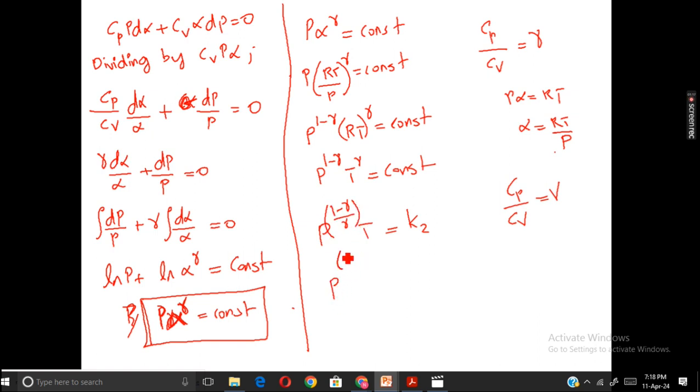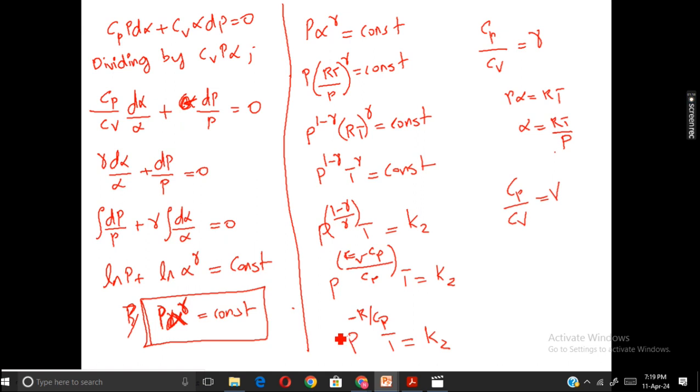So P of 1 minus Cp by Cv, that is Cv minus Cp by Cp by Cv, into T is equal to K. Cp minus Cv is R, so minus R by Cp into T is equal to a constant K.